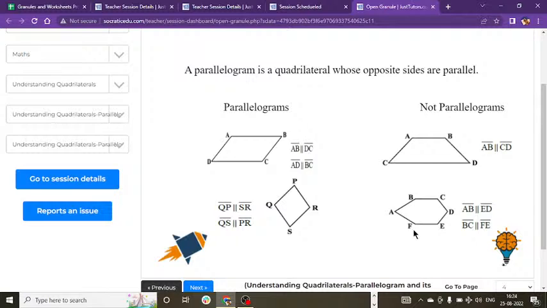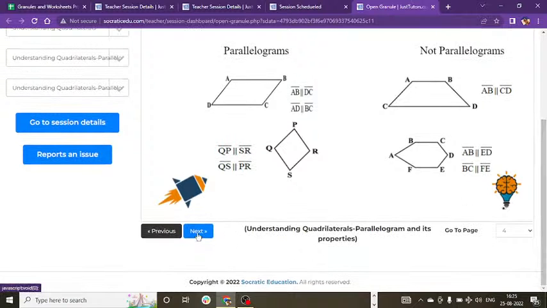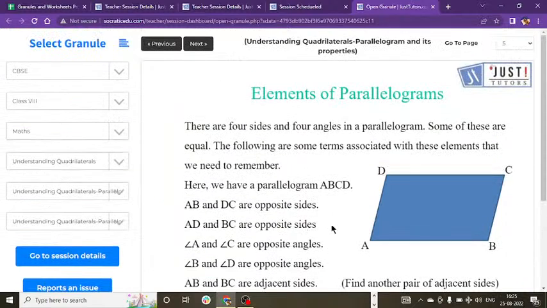So in this slide we learned that a parallelogram is a quadrilateral whose opposite sides are parallel and equal in length. But these two pictures are not called a parallelogram, though the sides are parallel to each other, they are not equal in length. So now we are going to move to the next.